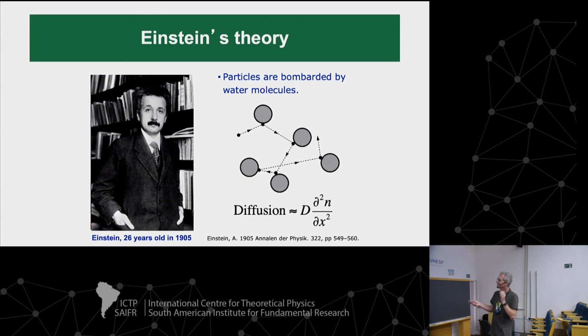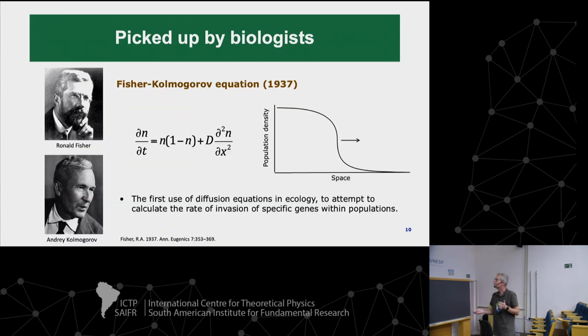Anyway, go on. This was picked up decades later by people modeling populations, and this Fisher is a very well-known name in population dynamics and statistics. Fisher exact test, all these sorts of things.